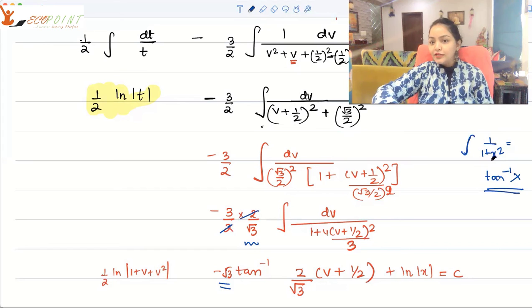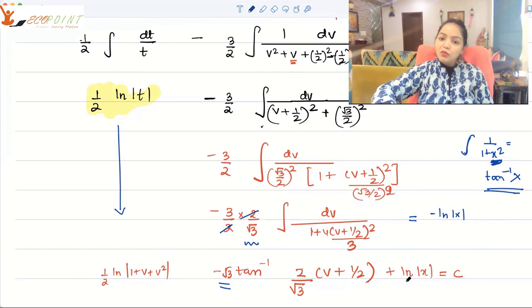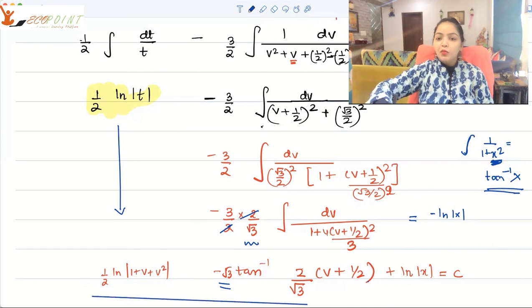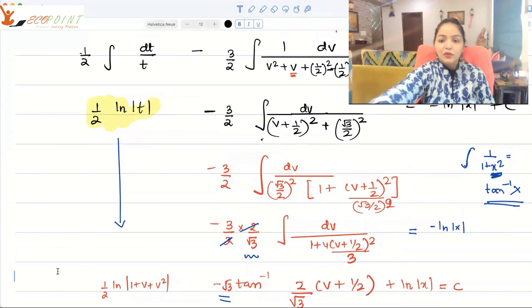That is what your x is. You have to realize what this thing will be, because tan inverse of that will come out. And that's equal to minus of, as you always had minus of, log mod x comes here. And this is finally, in terms of v, your function which satisfies this differential equation.